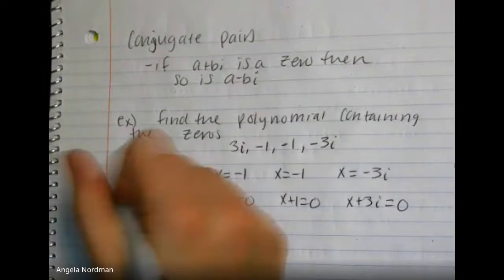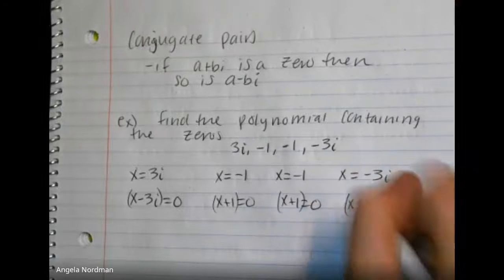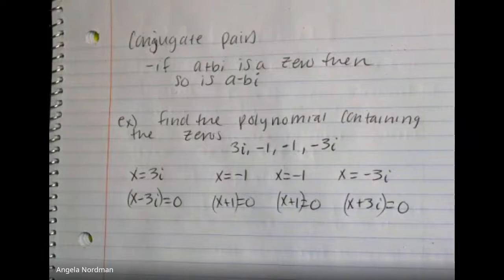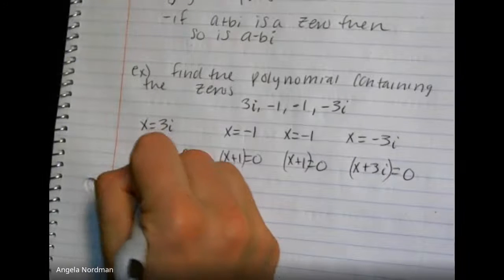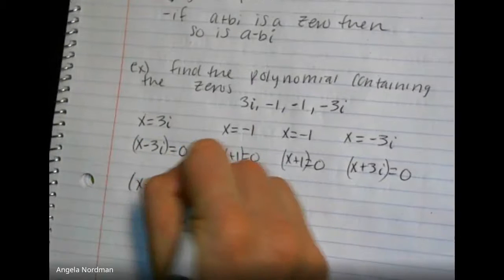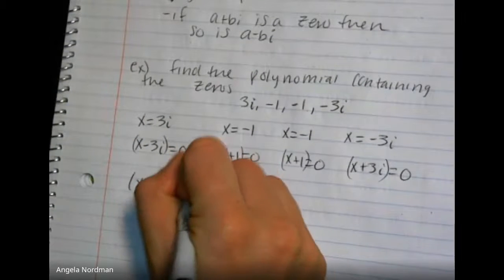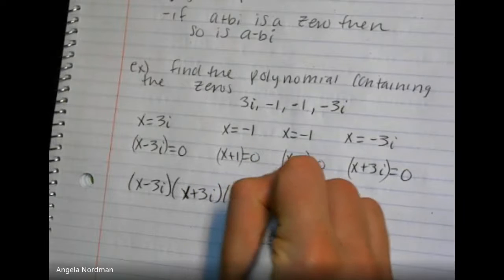I take each of these binomials and set them all together to multiply together. But I'm going to keep my imaginary two next to each other. So I'll have x minus 3i times x plus 3i times x plus 1 times x plus 1.